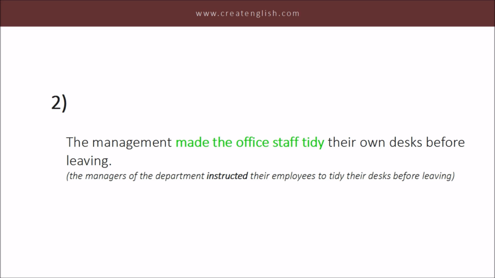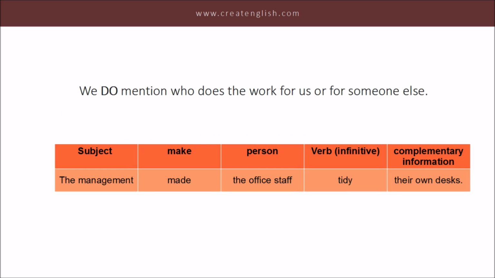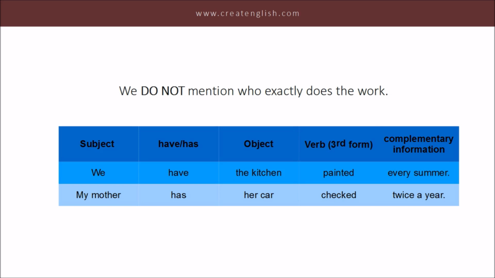The management made the office staff tidy their own desks means the management ordered the office staff to tidy their desks. Observe and take note. Here the verb is make or made in the past, and the verb is in the infinitive form. In the previous example, when we do not mention who does the work for us, we use have and we use the third form of the verb.